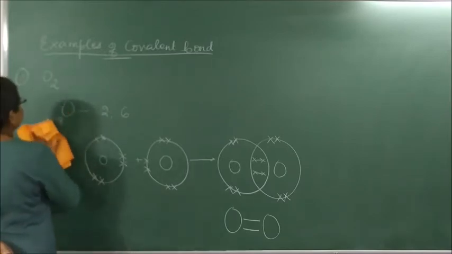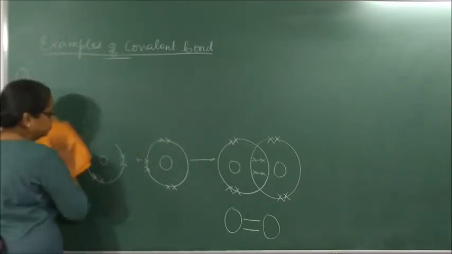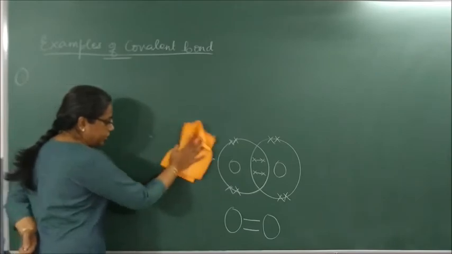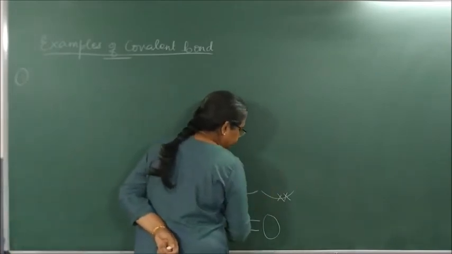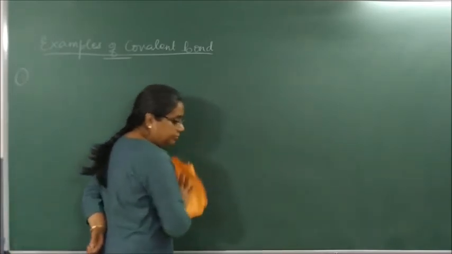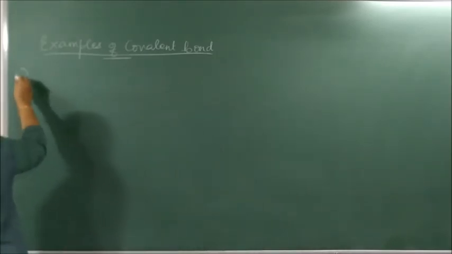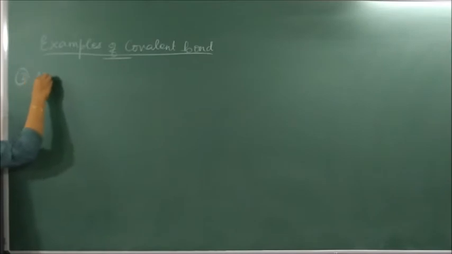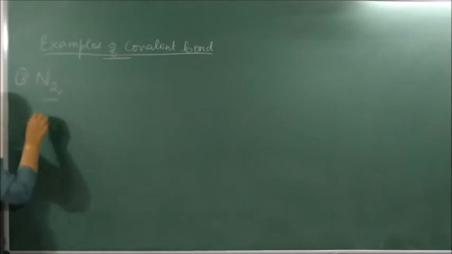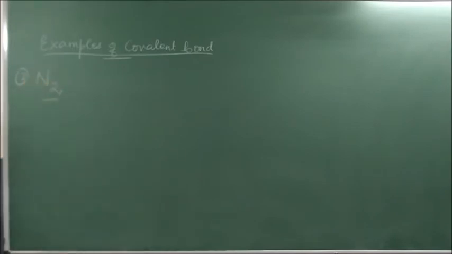Double covalent bond. Now the next one. Let us write the third example as nitrogen. Third example is what? N2. Nitrogen.